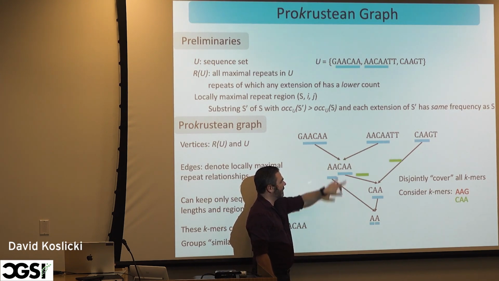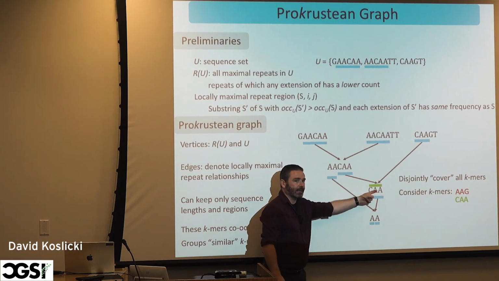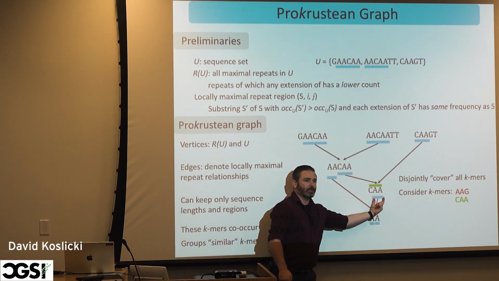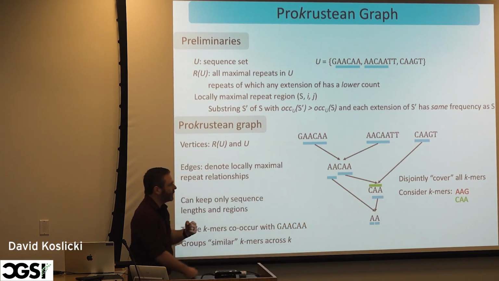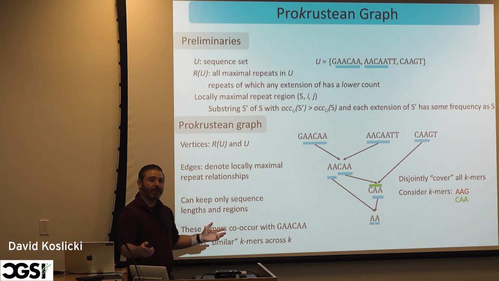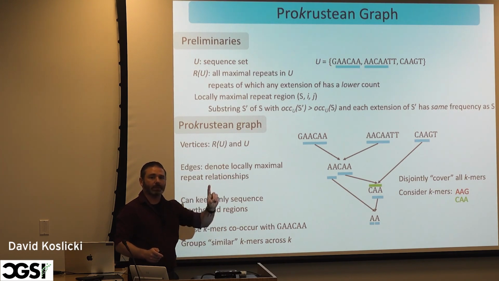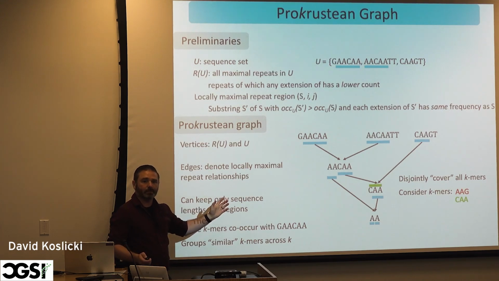And then again, as we keep on going down, aha, now this CAA is not fully contained in a blue region. It has the C character that's hanging off. So if you keep track of these regions that aren't fully contained in the blue regions, each k-mer in your sequencing set will show up once and only once in each of those locations for all k sizes.